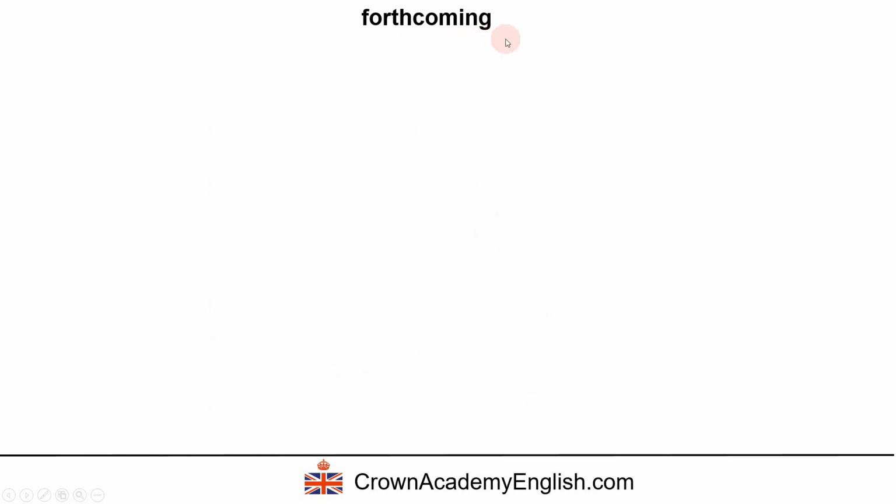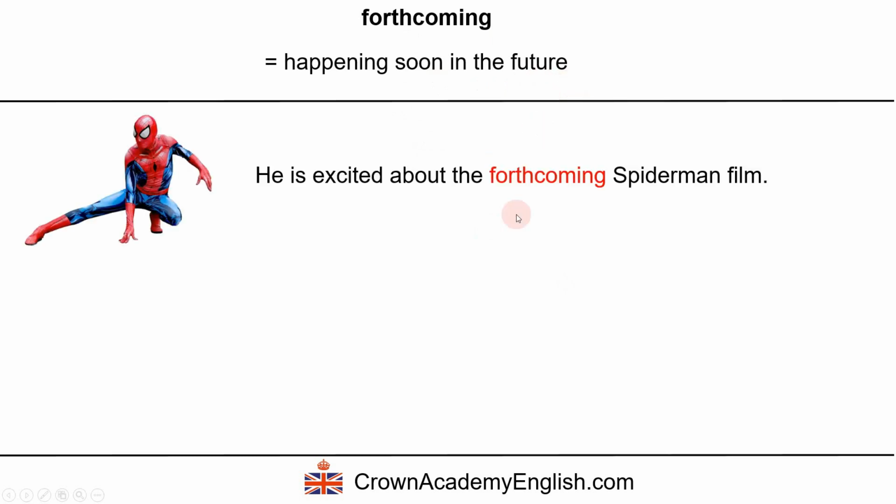Forthcoming. This means happening soon in the future. He's excited about the forthcoming Spider-Man film. So this means that he is excited about the Spider-Man film, which is soon coming out. Okay, which is soon going to be available.